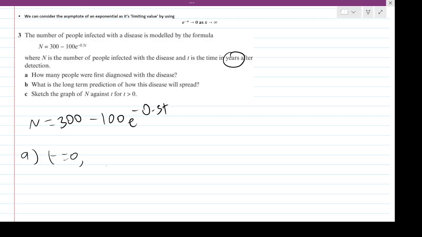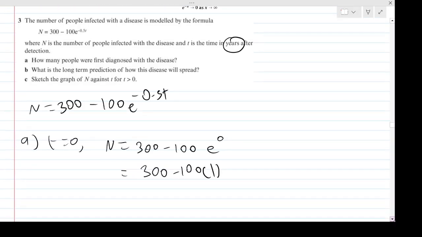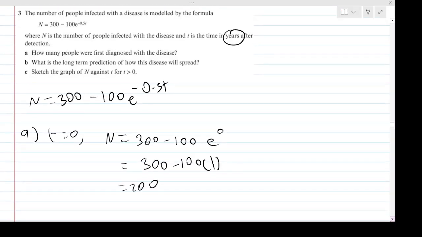So when t is 0, N is 300 take away 100 e to the 0. We don't need a calculator, because that's 300 take away 100 lots of 1, because e to the 0 is 1. So that'd be 200 people.